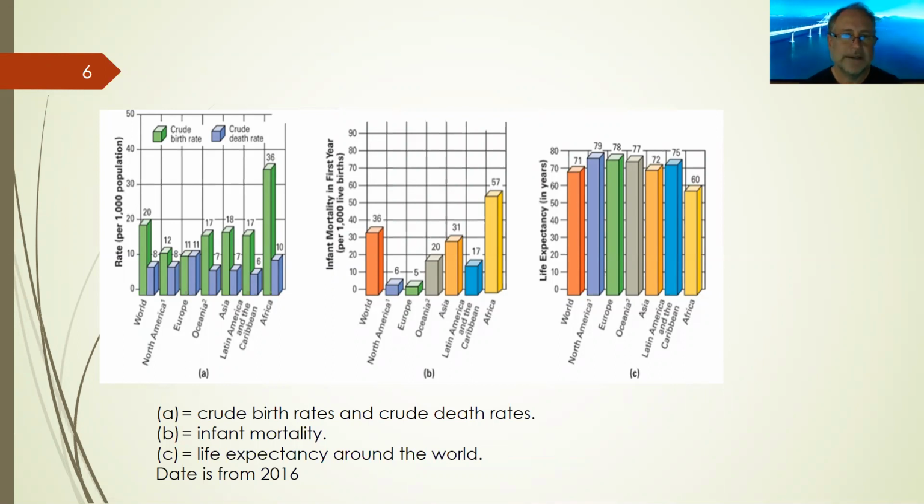You can see on the left that the crude birth rate is relatively low for North America and Europe. But notice that the crude birth rate for Africa is extremely high. On the right-hand side, you can see that life expectancy is relatively high in most regions of the world, with the exception of Africa.